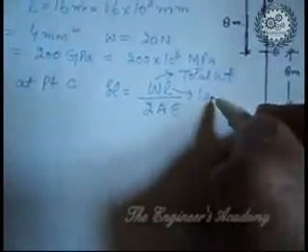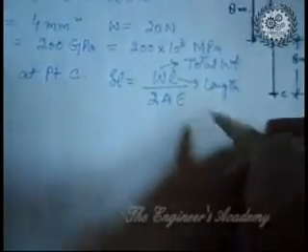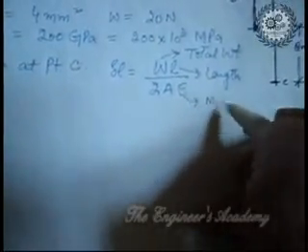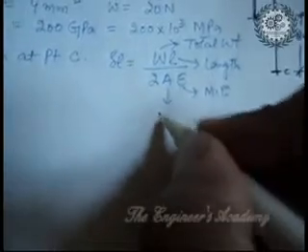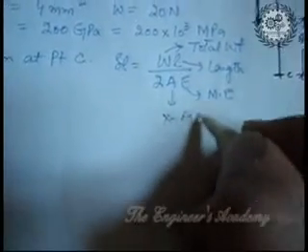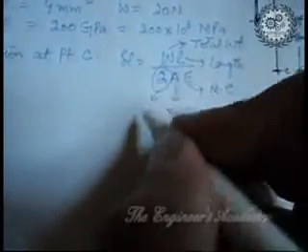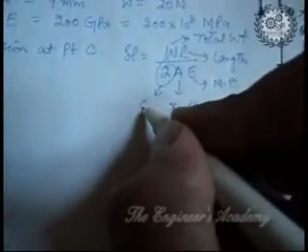L is the length that is under consideration. E is the modulus of elasticity. A is the cross-sectional area, and 2 is a constant entity.